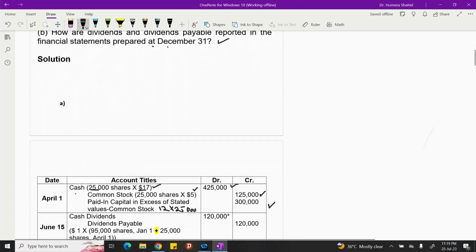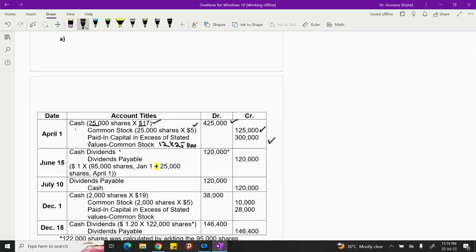Cash dividend gets debit 120,000, and dividend payable gets credit 120,000.